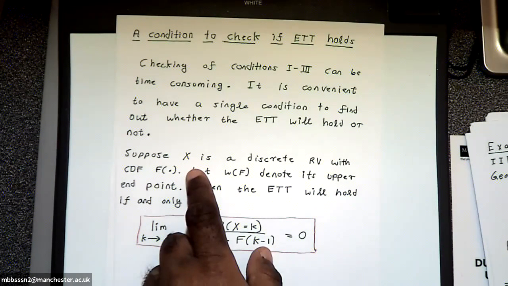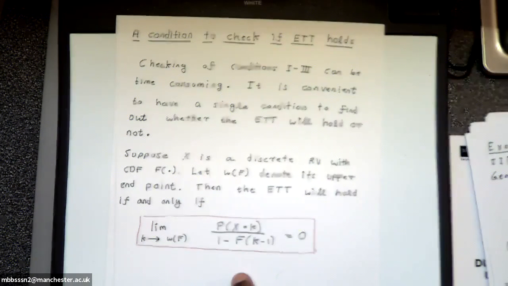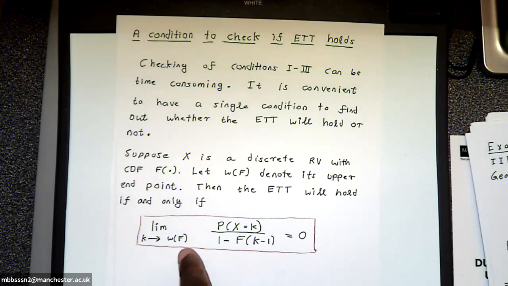So if X is a discrete random variable, and the limit of this is 0, then the extremal types theorem will hold. So in other words, if the limit is 0, then one of the 3 conditions, type 1, type 2, or type 3, must be satisfied. And if the limit is not 0, then none of the 3 conditions will be satisfied.